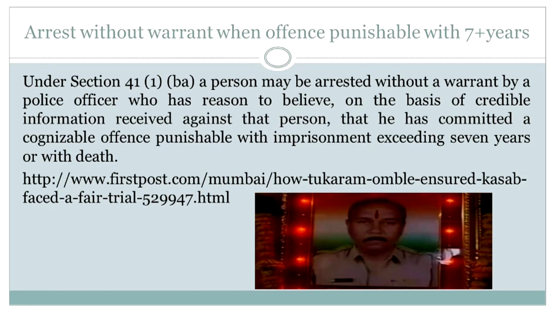And I quote, a person may be arrested without a warrant by a police officer who has reason to believe on the basis of credible information received against the person that he has committed a cognizable offense punishable with imprisonment exceeding 7 years or with death.